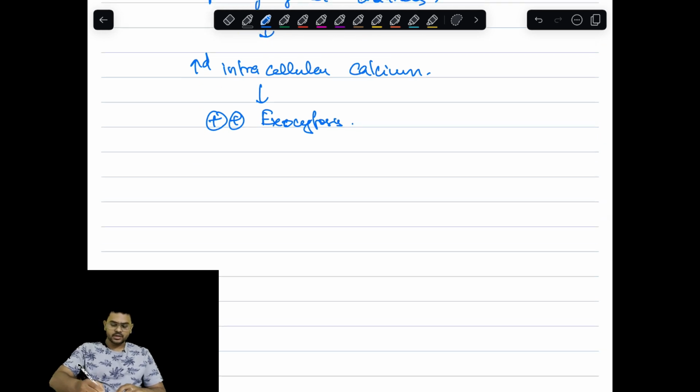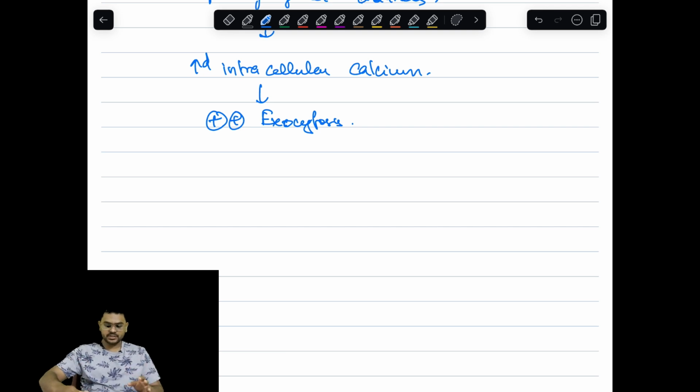So what happens? The secretory granule membrane gets fused with cell membrane, and secretory granules is where all the insulin is stored. So what happens? It gets secreted outside the cell. So this is how in pancreas glucokinase helps.